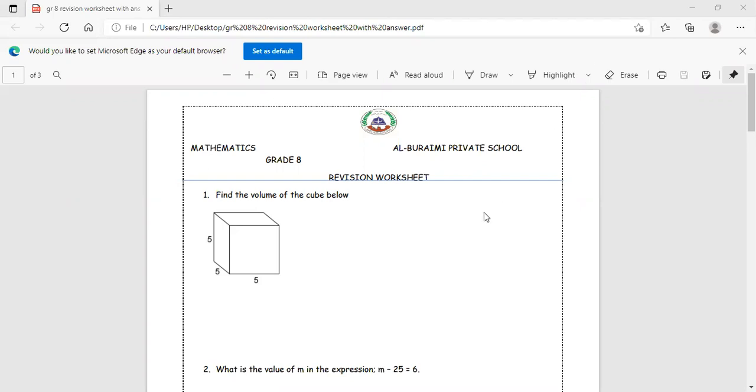All right, so look at this question. Number one, find the volume of the cube. If you are looking for the volume of a cube or a cuboid, you have the formula: volume is equal to length multiplied by width multiplied by height.